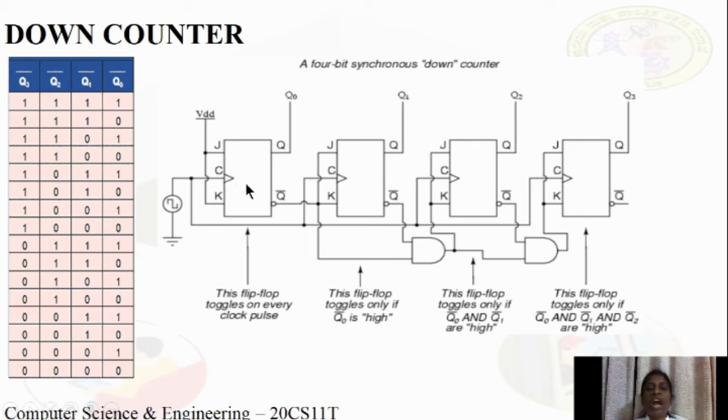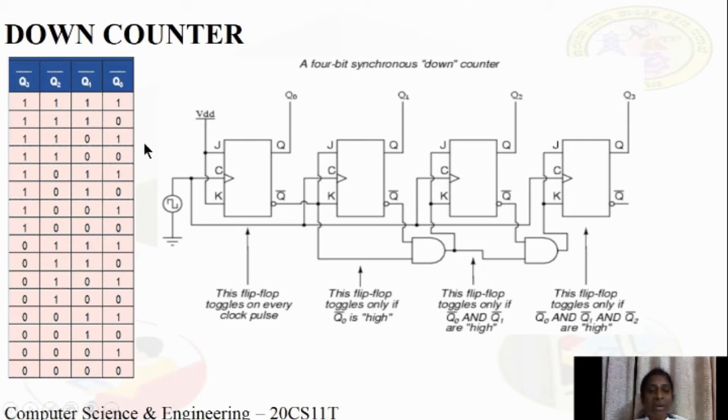4 flip-flops, and it should count, or it should cross the states from 0 to 15, because 2 raised to the power of 4, 4 flip-flops are there, 16 states. That means 0 to 15. Let us observe this truth table. It is counting in the downward manner.